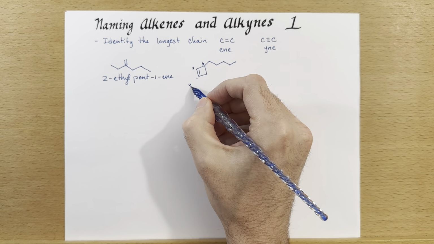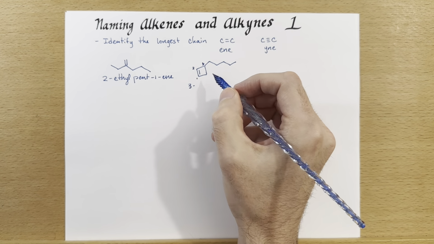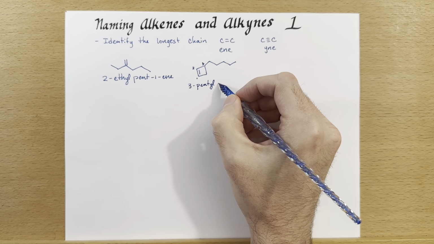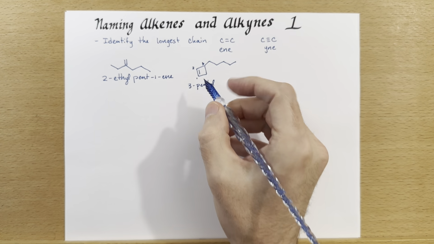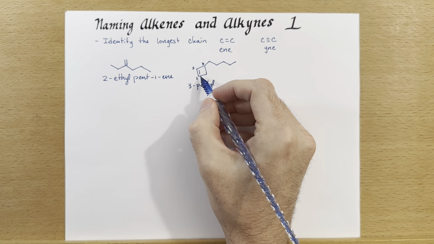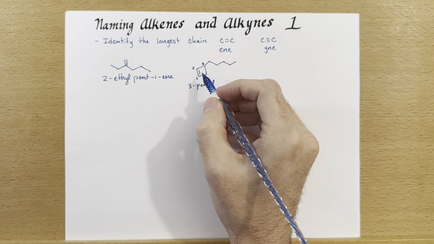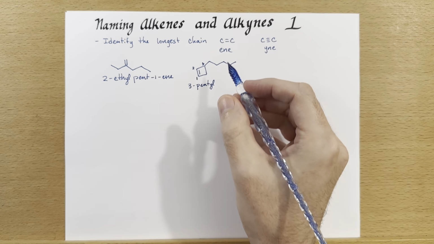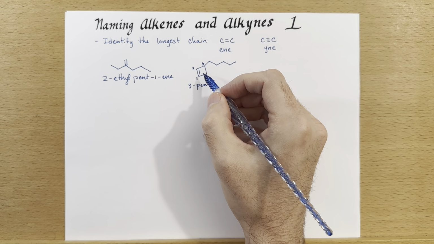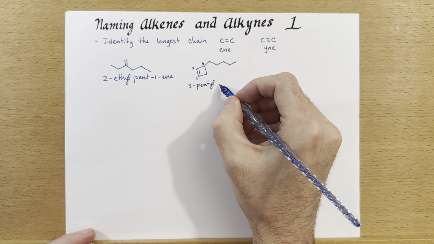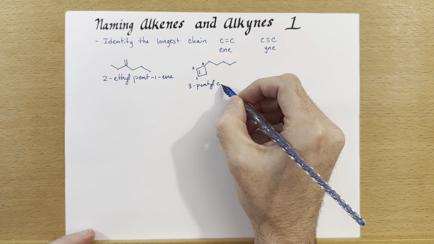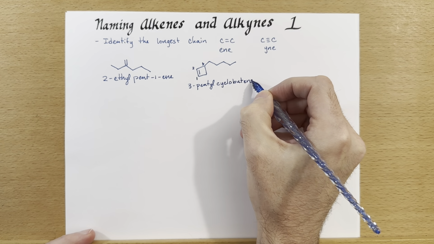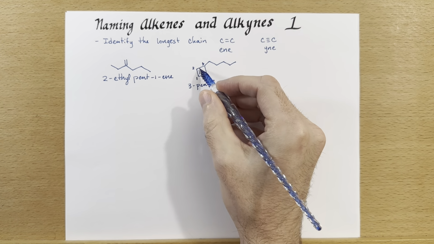So this will be 3, and then that's a 5-carbon long chain. Pentyl. And then because we know that the position of a double bond inside a ring will take priority, we don't have to number where a single double bond is in the ring. So we can just call this cyclobutene. And that E is telling us the double bond.